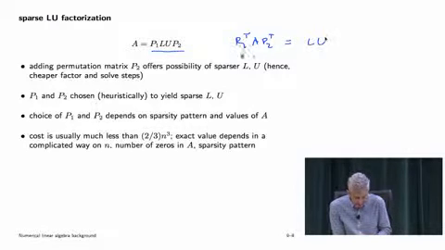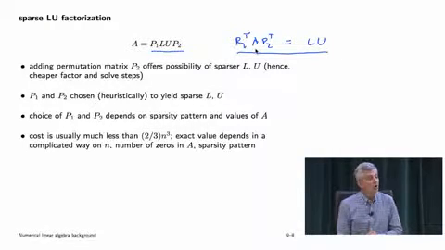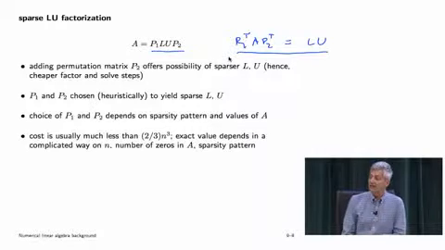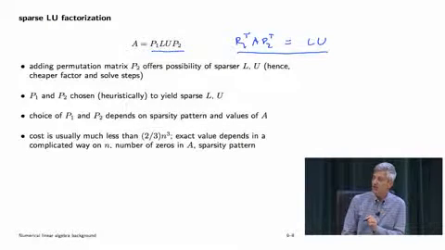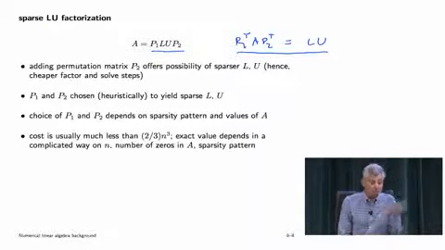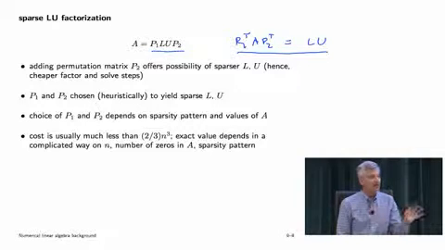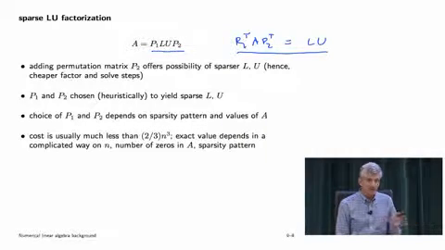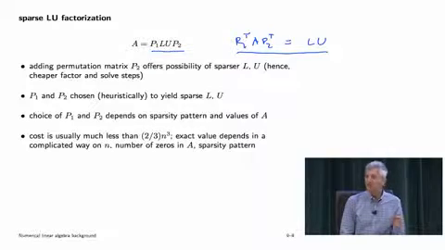So what you're really doing is permuting the rows and columns of A and then calling an unpermuted LU factorization on it. By the way, if you choose P1 and P2 wrong, the LU factorization doesn't exist. So let's assume you've chosen them correctly and they work.